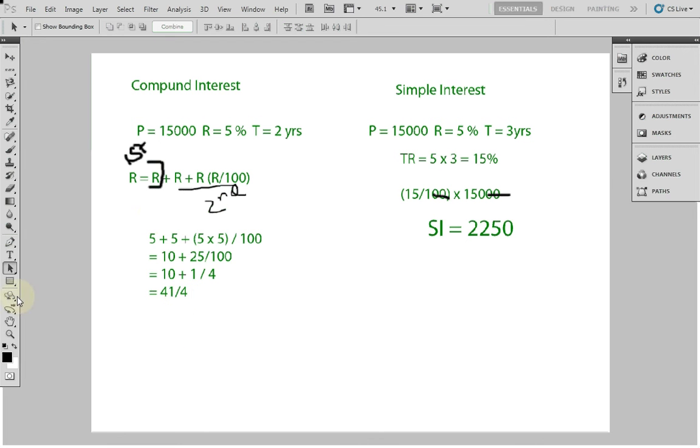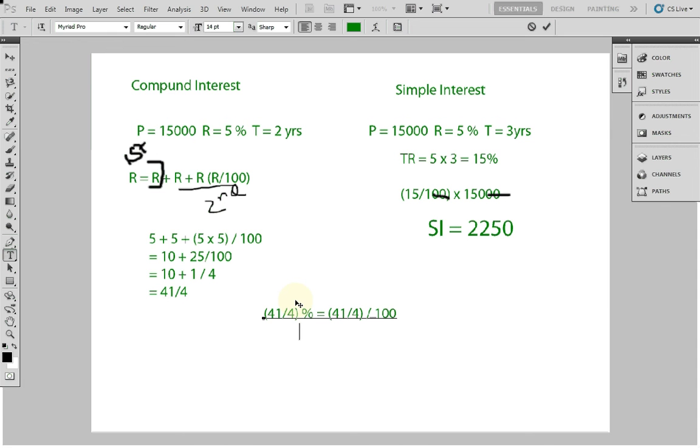Okay, let me write it also, otherwise you people will get confused. 41 by 4 percentage it is. So we know that it's nothing but 41 by 4 per 100 percent.